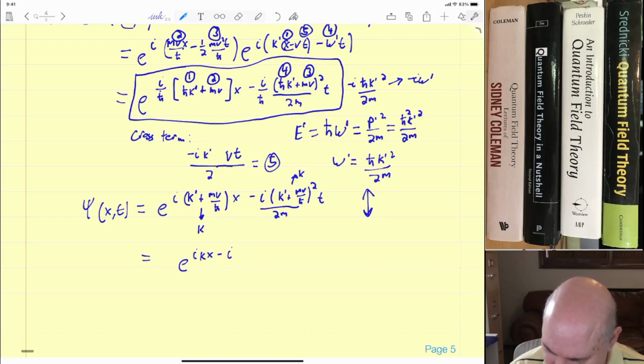We could use the same formulas, and we get omega is equal to h bar k squared over 2m. Well, I think I lost my h bar somewhere. So I have minus i k squared t.